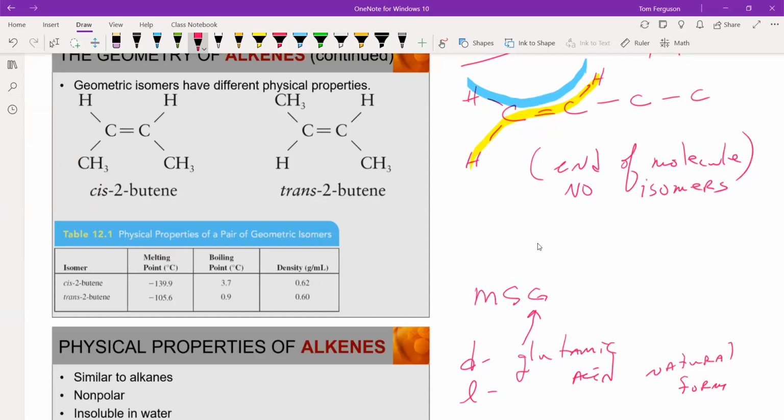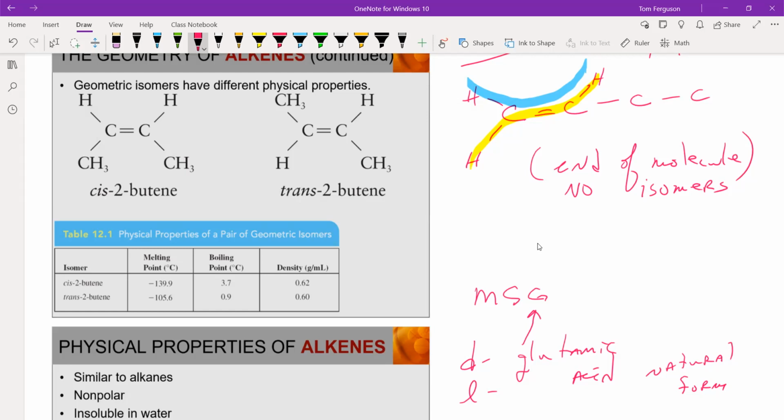And our bodies make the L version of glutamic acid. When you buy MSG at the store, you don't get L, you get a mixture of D and L. Some people are sensitive to the D form of glutamic acid. And that's why some people have problems with MSG in their food. But it's because of the geometric isomers between the two forms of our amino acids. So this geometric isomer stuff is real important from an organic and particularly a biochemistry perspective.